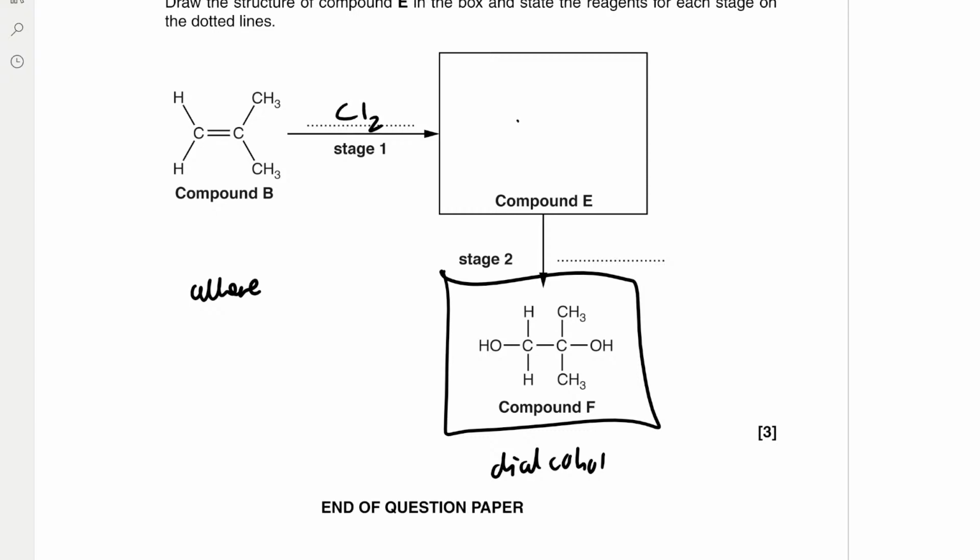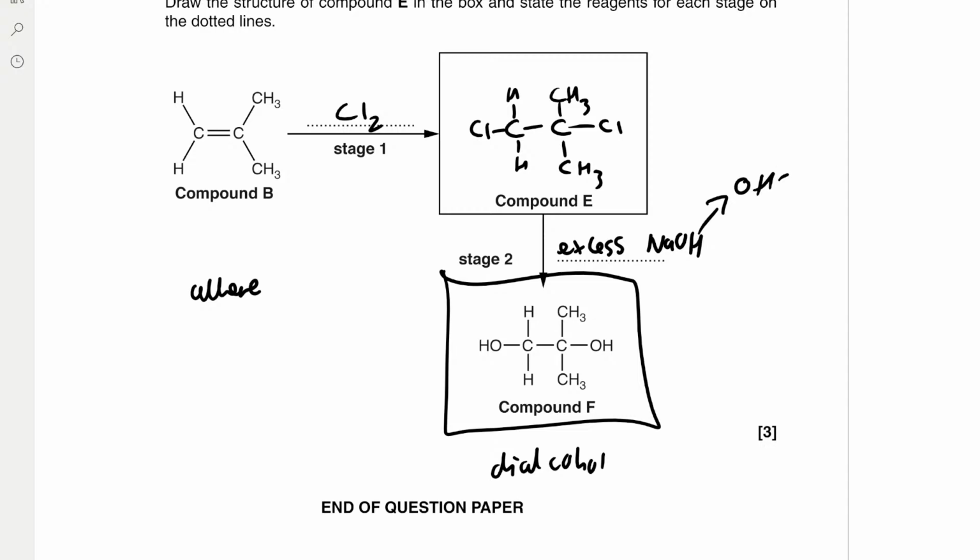And that's going to add across the double bond, forming this compound. And then to get from our dichloroalkane to our dialcohol, we need to then use excess NaOH, which will form OH- and do nucleophilic substitution, replacing the chlorine groups and forming a dialcohol.